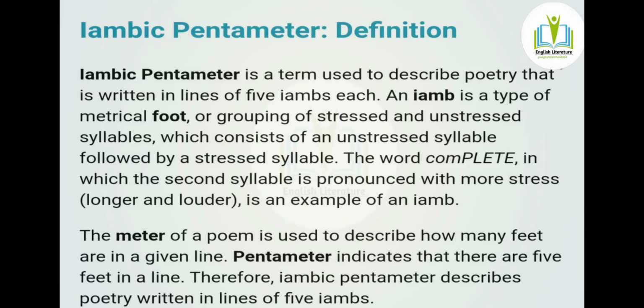Iambic pentameter. Iambic pentameter is a term used to describe poetry that is written in lines of 5 iambs each. An iamb is a type of metrical foot, or grouping of stressed and unstressed syllables, which consists of an unstressed syllable followed by a stressed syllable.